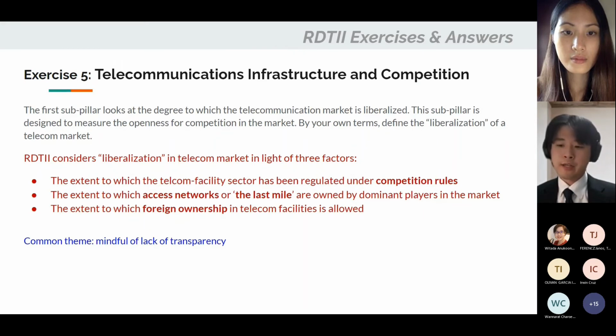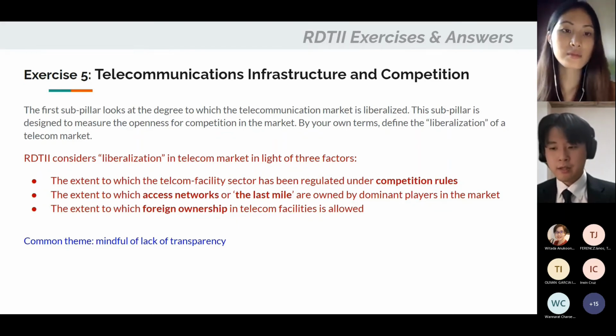So we try to capture the circumstances of the market in order to measure the liberalization, and RDTII in other pillars as well, in public procurement and technical standards, tries to be mindful of lack of transparency. So just wanted to show that this is how the RDTII deals with lack of transparency. The answer is by looking at the circumstances, by looking at the reality.